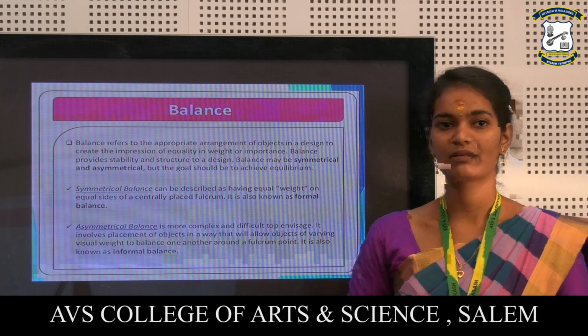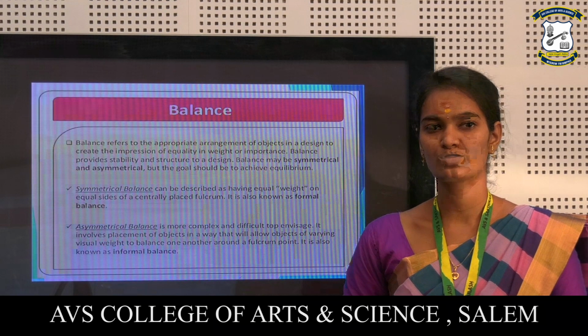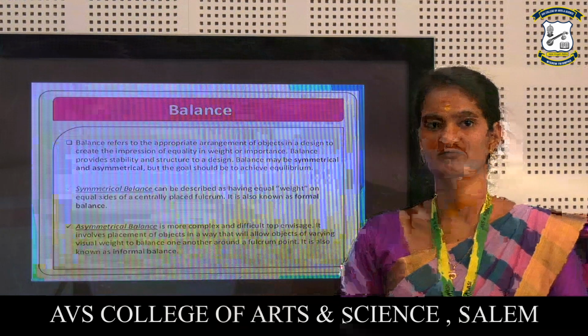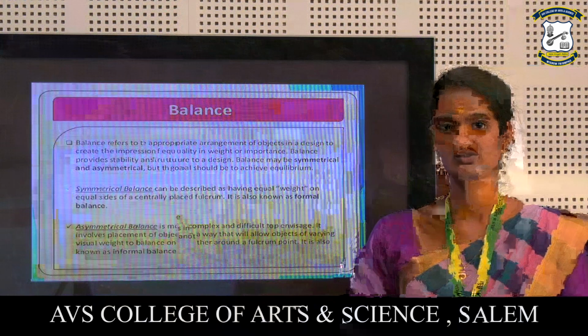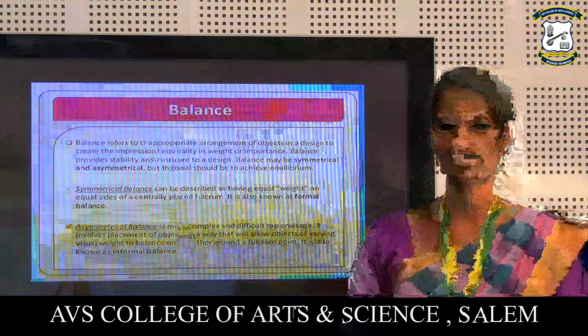Symmetrical balance can be described as having equal sides on either side of a central axis. It is also known as formal balance. Asymmetrical balance is more complex and more dynamic.